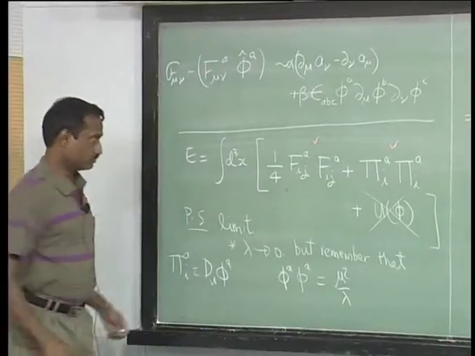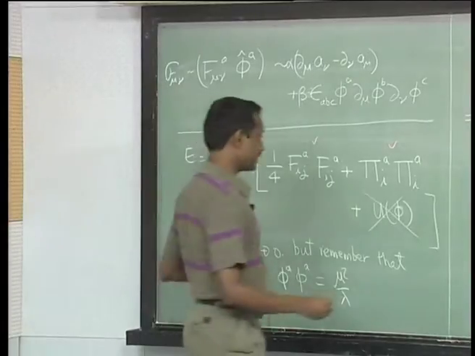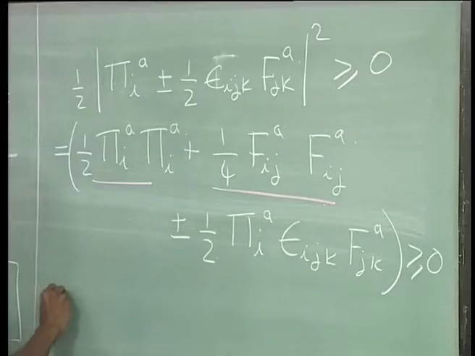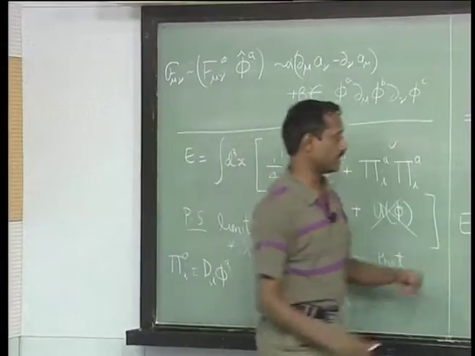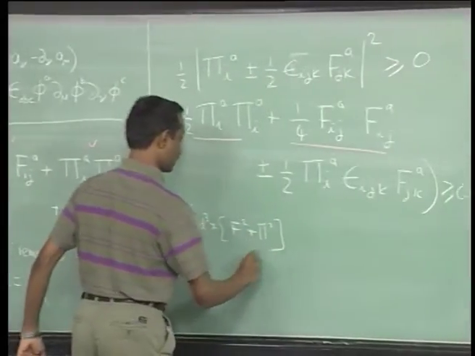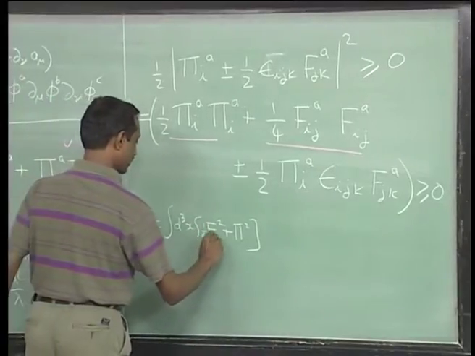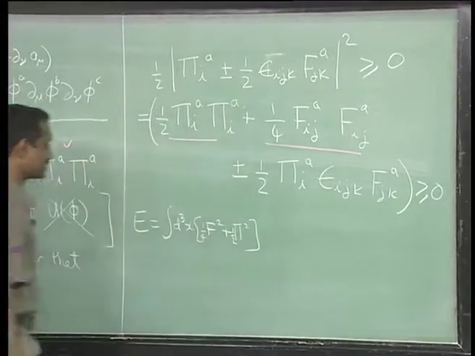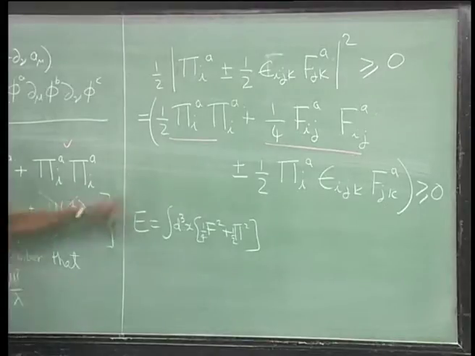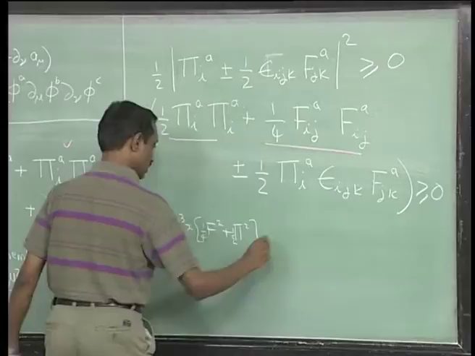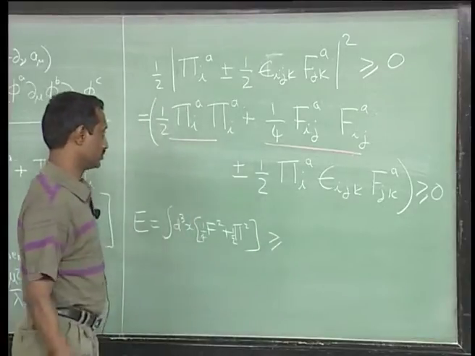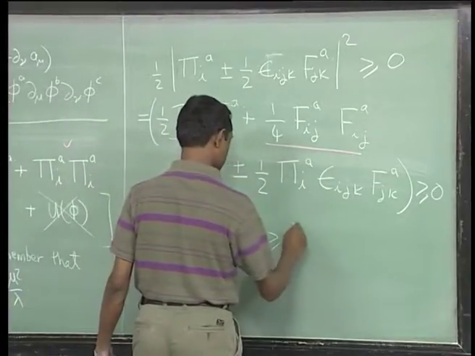Okay. So, I can rewrite, so this implies that the energy E, which is defined to be integral d cubed x of, because I do not want to rewrite this again, I will just call it f plus pi square, okay, let me put this much, the factors correct. That would be the integral of this should be greater than or equal to minus or plus.